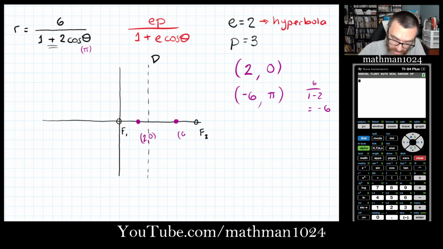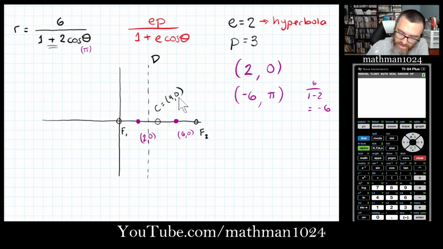And this other one was 6, 0. So my center is going to be this point right here. So center is equal to 4, 0. And then we should be able to find out everything else about this, referring back to what we've seen with hyperbolas before.